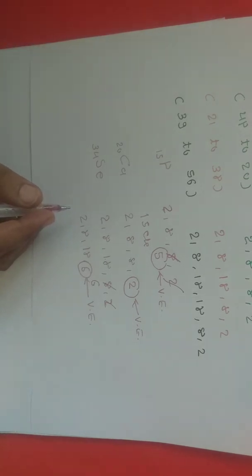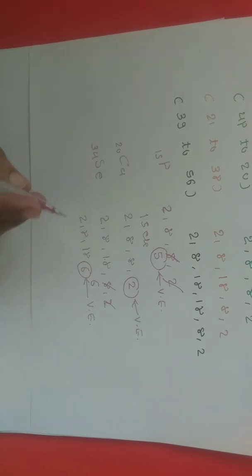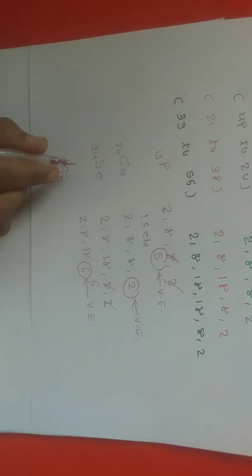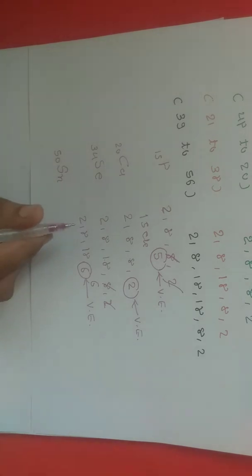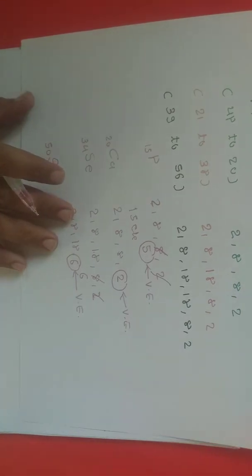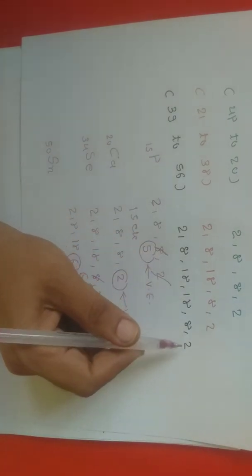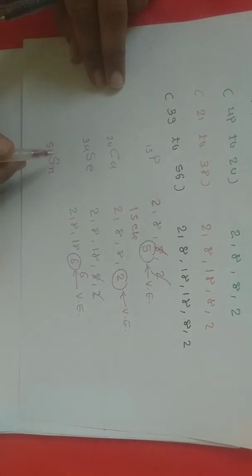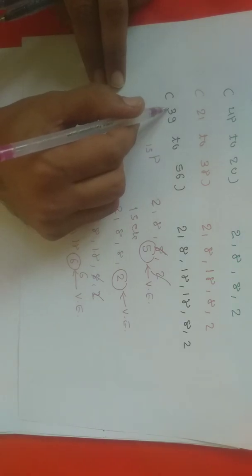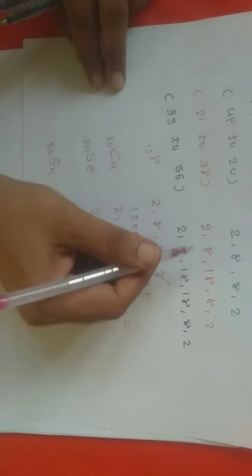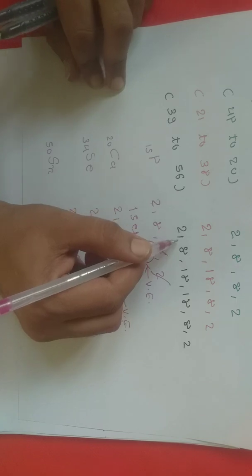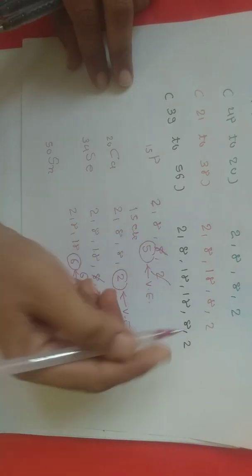Let us take one more example, say tin. Tin is denoted by Sn. The atomic number of tin is 50. Since 50 is falling in the range 39 to 56, I have to follow the electronic configuration 2, 8, 18, 18, 8, 2.